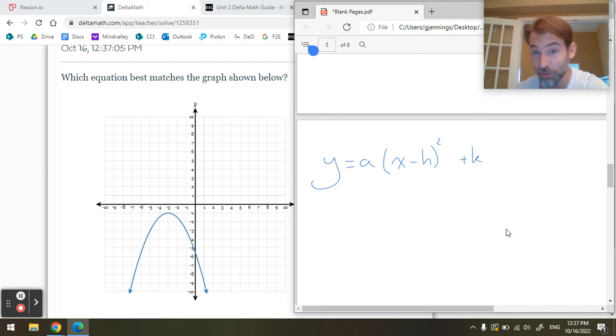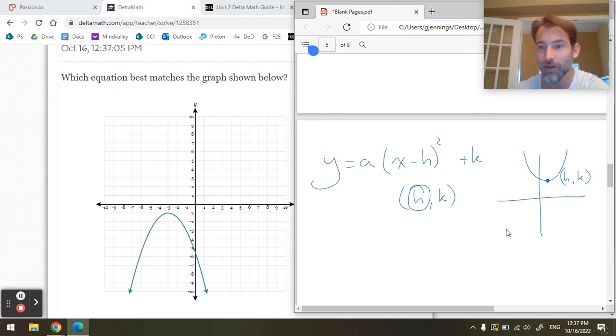K is not a sign flipper. So in this case, the vertex is at h, k, and remember to flip the sign for h. So if we had a parabola like that, with this being the point h, k, it would have h as some number, k as some number. It would have this form, its equation in vertex form.